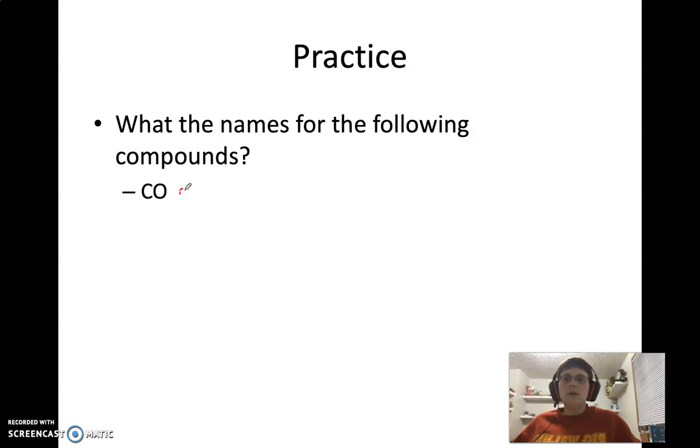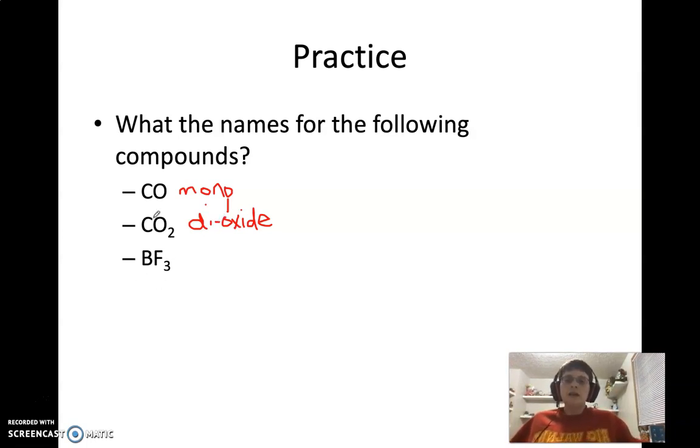So we've got mono for the single carbon that's there. And then we saw this one, carbon dioxide. You get to see my very nice writing with my computer pen. There we go. So monoxide, dioxide, okay, for these guys.